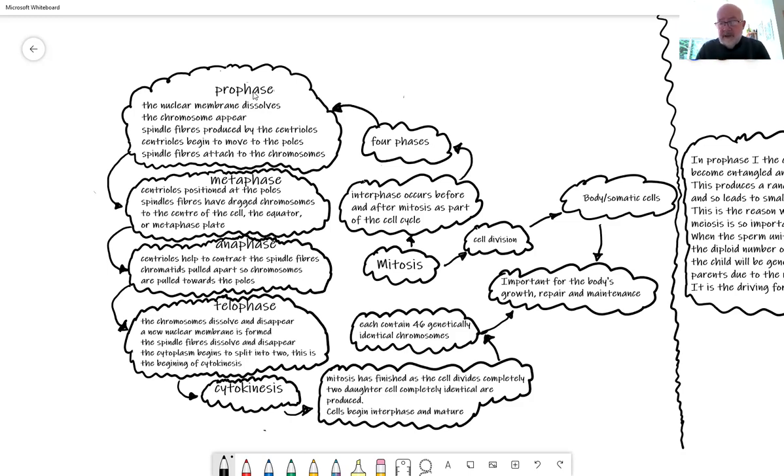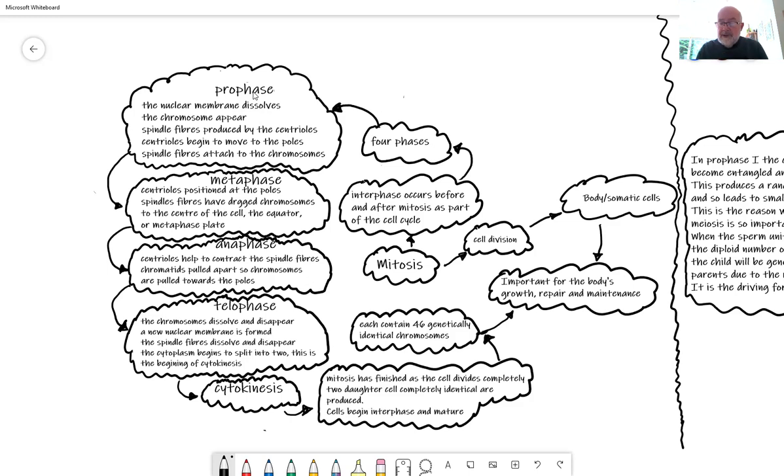The spindle fibers are no longer needed because the chromosomes have now moved, and at the same time the cytoplasm begins to split, just as if you're getting 2 pieces of dough when making a large loaf and splitting them into 2, so the cell starts to divide.